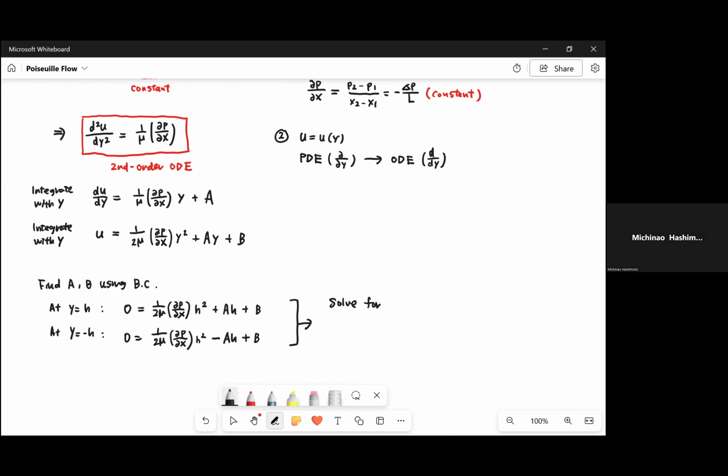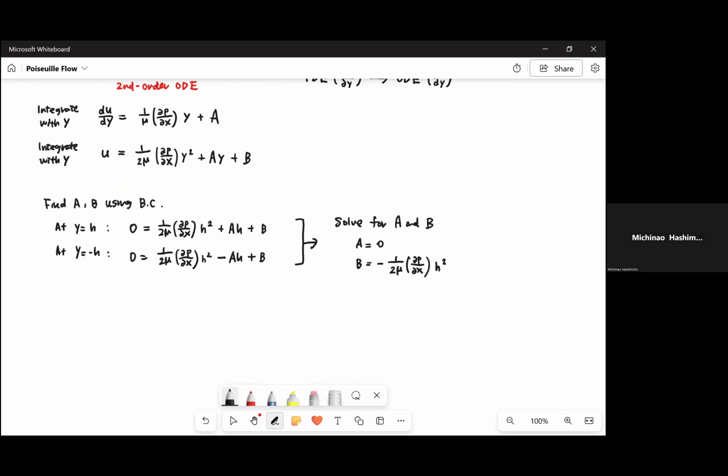You can add them or subtract them from each other, and what we have is that a is nothing but 0, and b equals minus 1 over 2 mu dp dx h square.